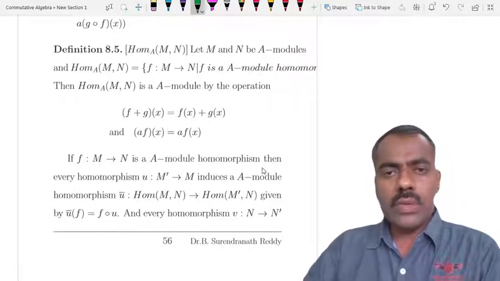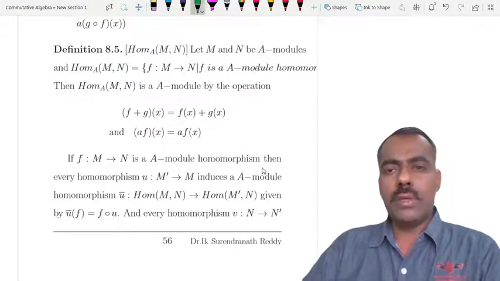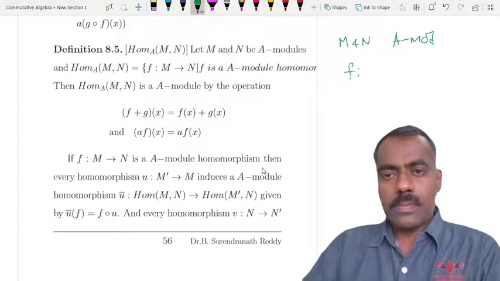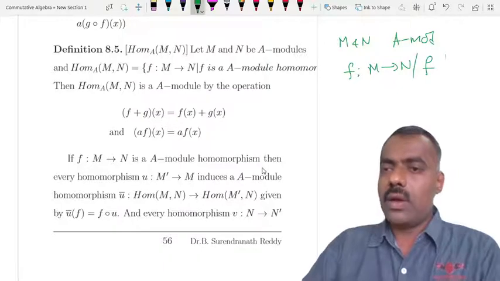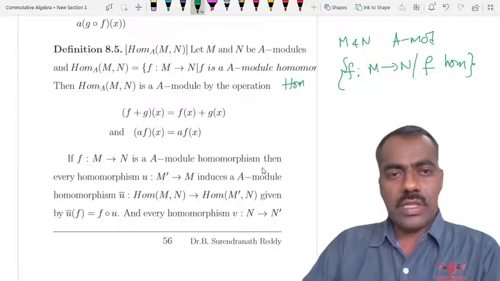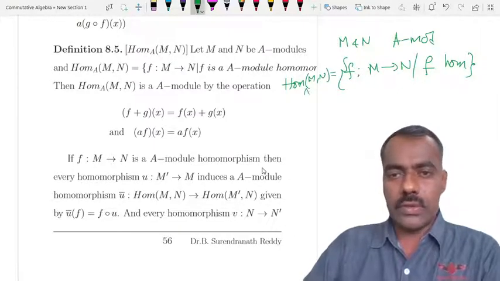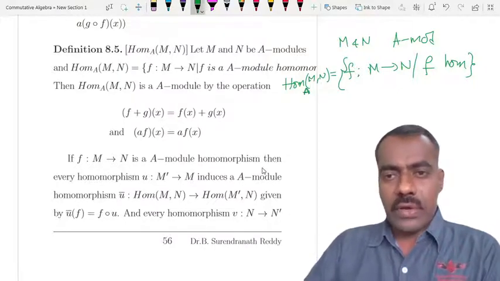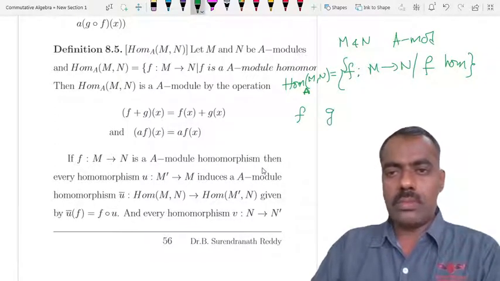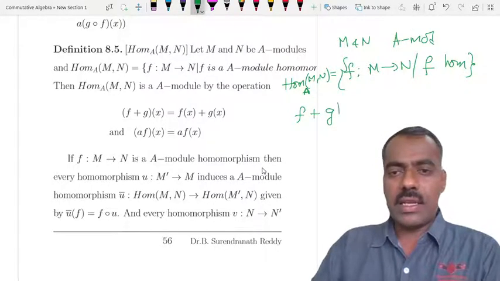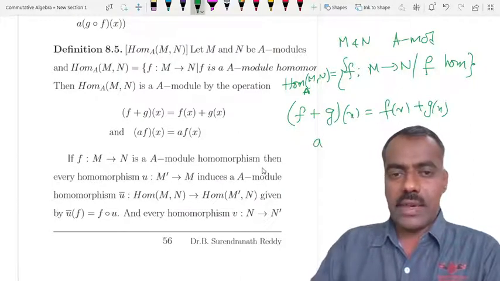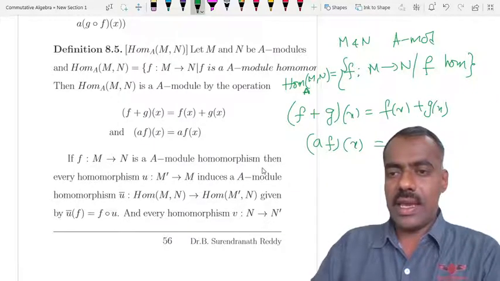Now you take M and N, two A-modules. Collect the collection of all homomorphisms from M to N, and denote it by Hom(M, N), of course over A. Then you can define a module operation on this: if f and g belong to here, that means they are module homomorphisms, then f plus g of x is f of x plus g of x, and a times f of x is a into f of x.